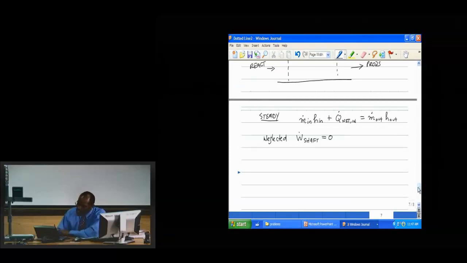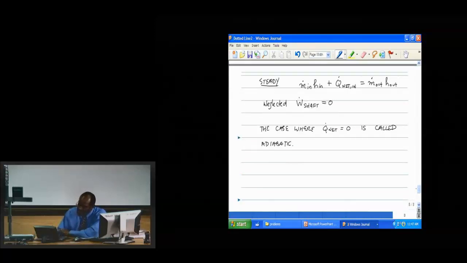So why this is relevant is the case where Q dot net is equal to 0 is called an adiabatic problem. For that adiabatic problem, what we get is something that's interesting, and it tells us about the flame temperature.